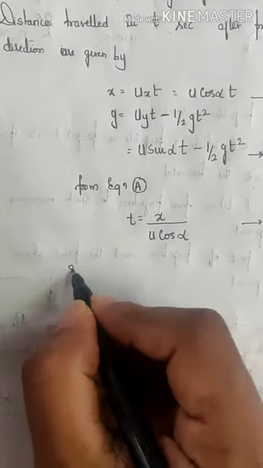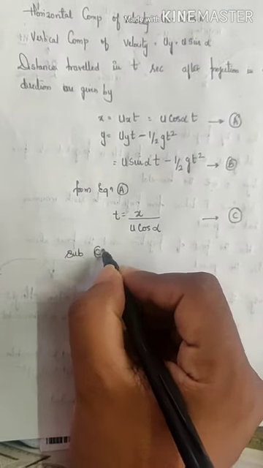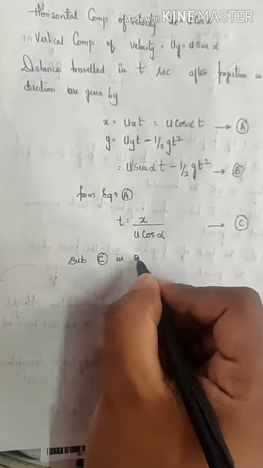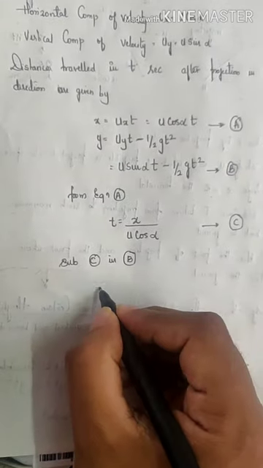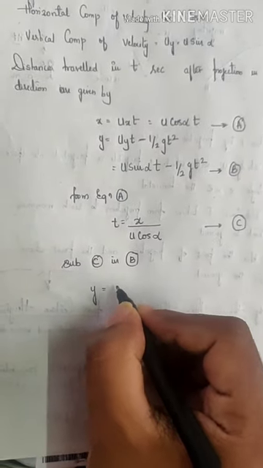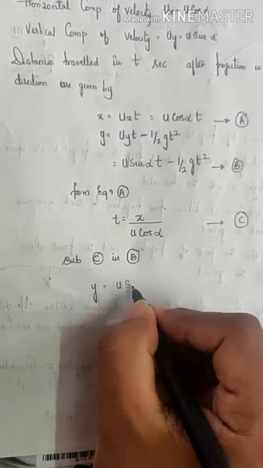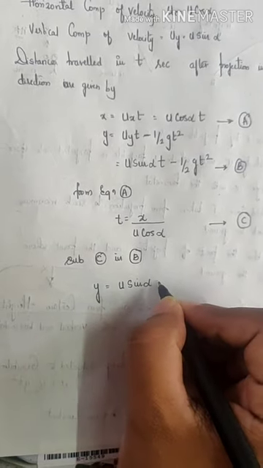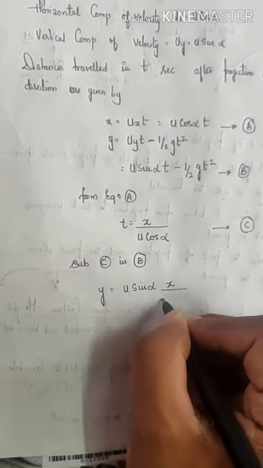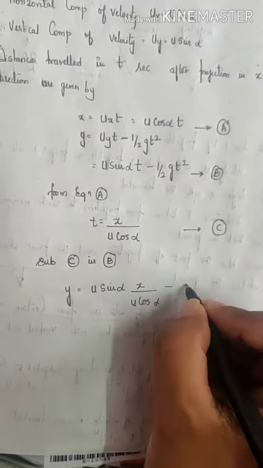So substitute equation C in equation B. Y is equal to u sin alpha, t is x upon u cos alpha, minus half g into x square upon u square cos square alpha.